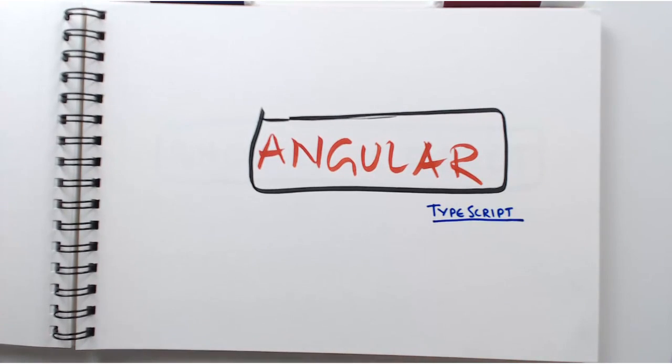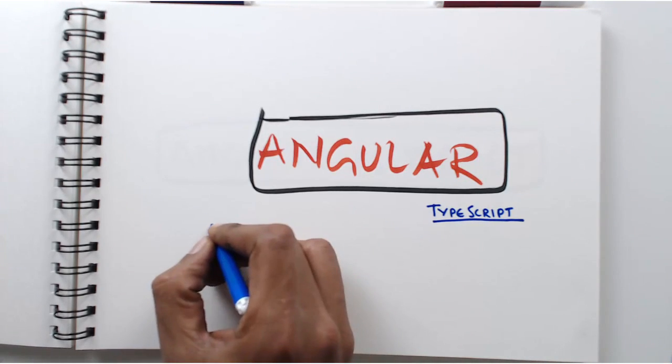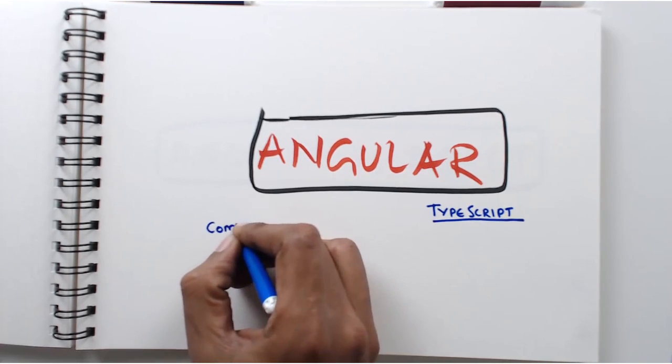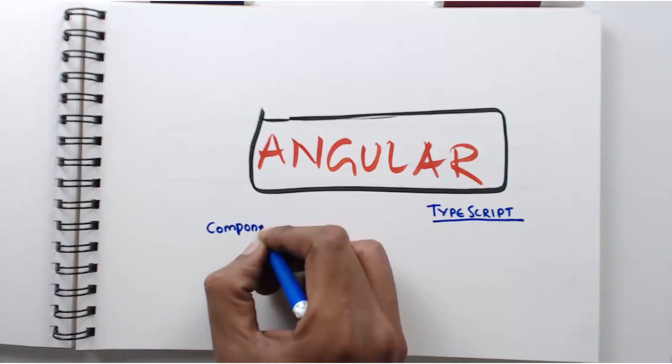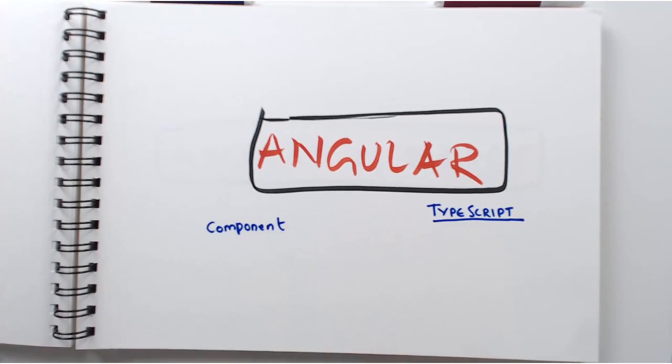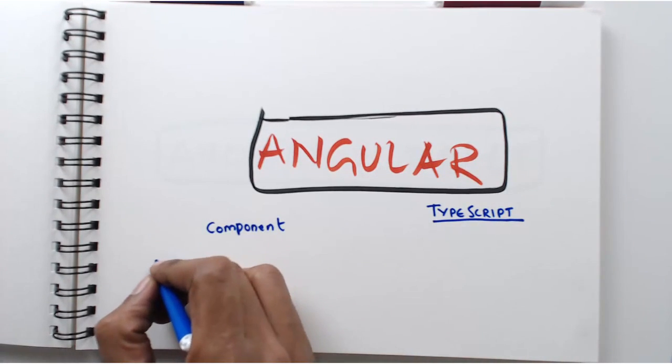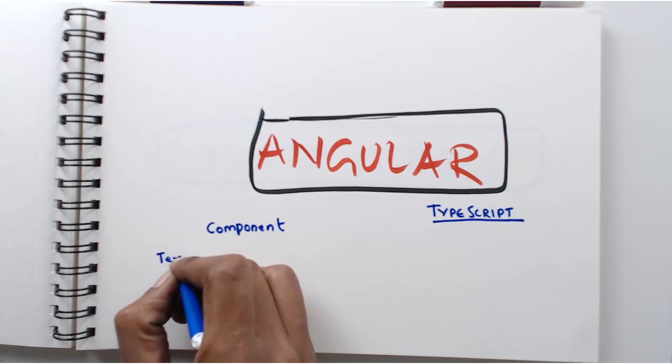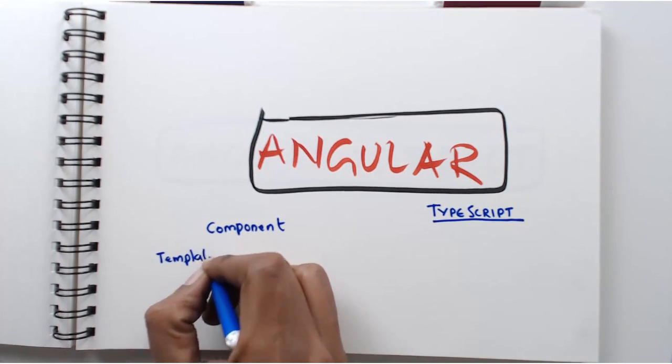Other than that, you'd want to learn the basics of developing front ends with Angular. You need to understand what a component is. Similar to React, Angular also has this concept called component. Each of these components has a template: how should the component look?